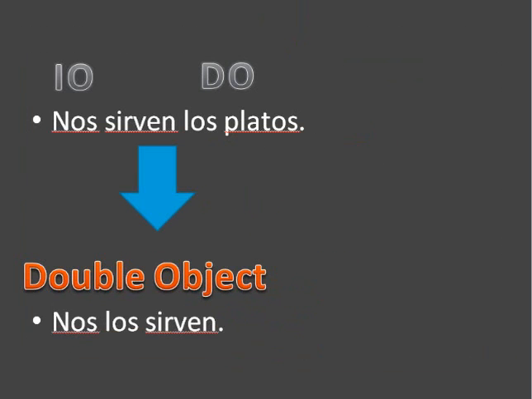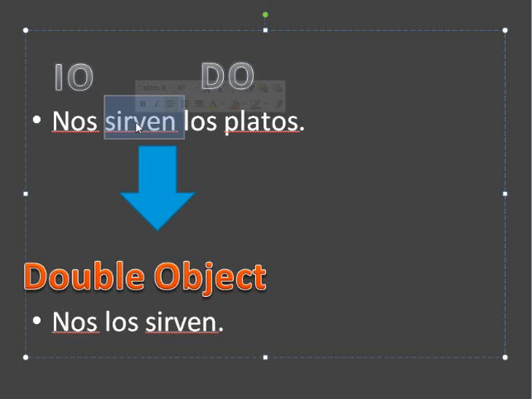Okay, here's another one. Nos sirven los platos. So they serve us the dishes. The subject on this one is kind of hidden. We don't really see an explicit subject. It's going to be they, because we see the verb is in the third person plural form. So the verb is sirven. The indirect object, to who or for who, is nos, so it's to us or for us.